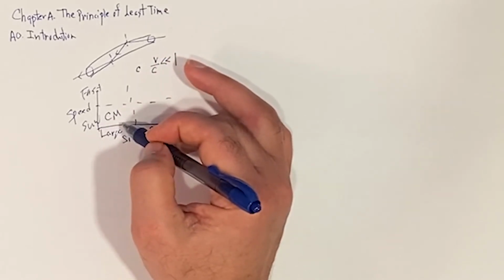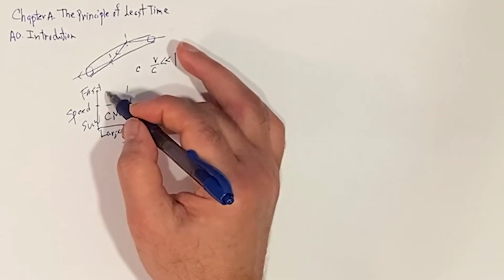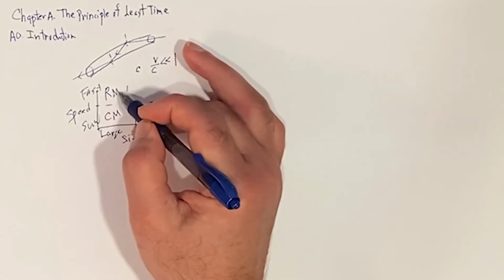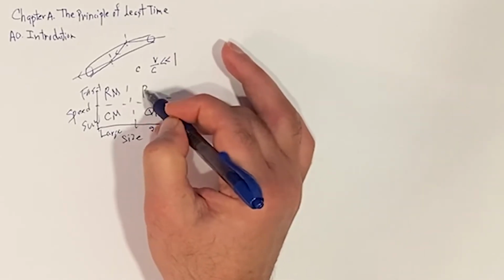Large if you can touch it. An apple, you can touch, the earth, they're large. And then here if you're fast, that's Einstein, relativistic mechanics. And then here this is quantum mechanics if it's small, and this is relativistic quantum mechanics.